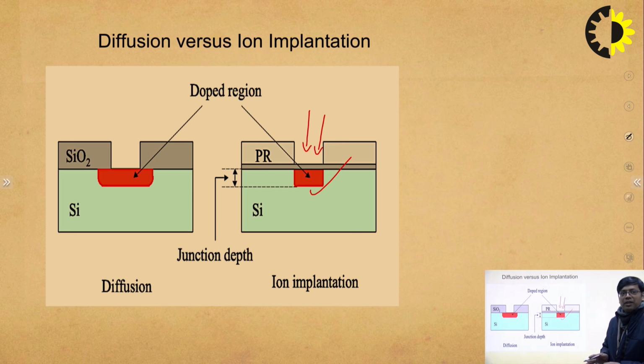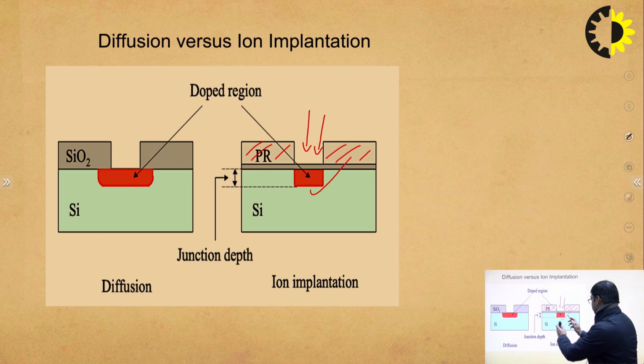They are not moving laterally where they are not desired. Below this region, dopants should not go. And it is actually happening here in case of ion implantation. The dopants are not moving laterally below this layer, PR layer, photoresist layer.